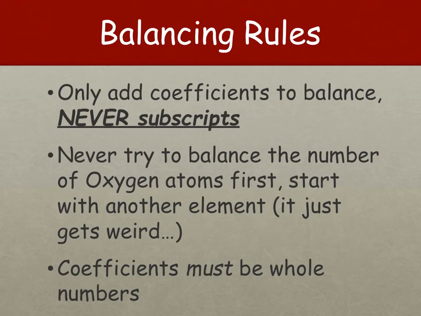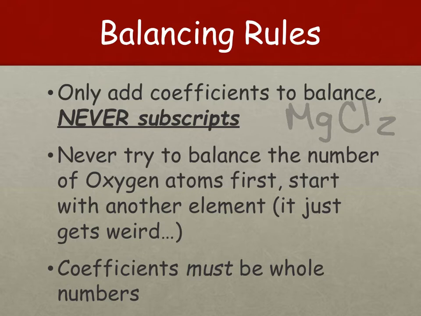So the first rule is that you need to have the correct chemical formulas for each compound. Once you have the correct chemical formulas, you do not touch the chemical formulas themselves. If you know you have magnesium chloride, you need to have the correct formula as MgCl2.